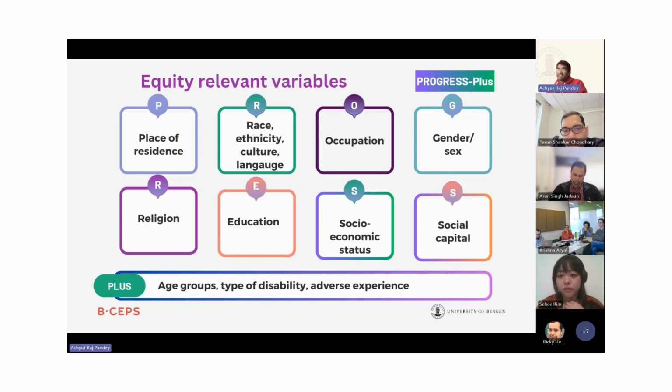The other variables could be race, ethnicity, culture, language, occupation, gender, sex, religion, education, socioeconomic status, and social capital. In addition, depending upon the nature of the outcome variable, we may also be interested in age group, types of disability, as well as adverse experiences. So these are the variables that may be important from the equity perspective. There may be some additional variables as well, depending upon the nature of the intervention, as well as the nature of the outcome variable.